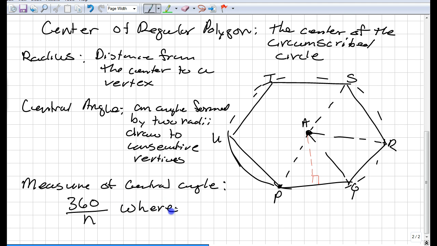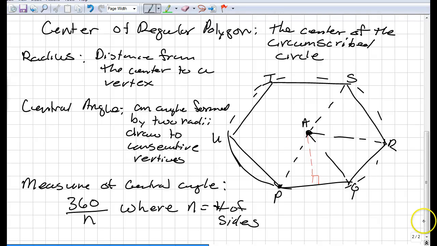So 360 divided by n, where n equals the number of sides. Okay? So for instance, in this picture, my polygon has 6 sides. So the central angle would have a measure of 60 degrees. Okay? Because 360 divided by 6 is 60 degrees. So in other words, angle PAQ is 60 degrees.